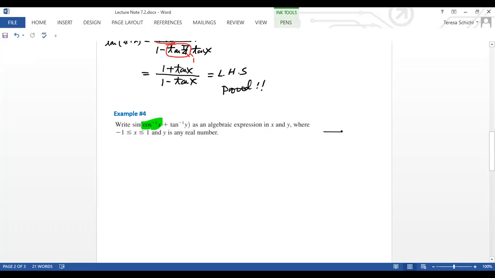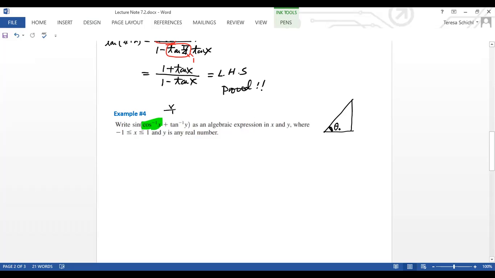For this problem, for the arccosine, let's draw a triangle first. This is my angle theta. The cosine of theta is adjacent over hypotenuse, so it's x over 1.